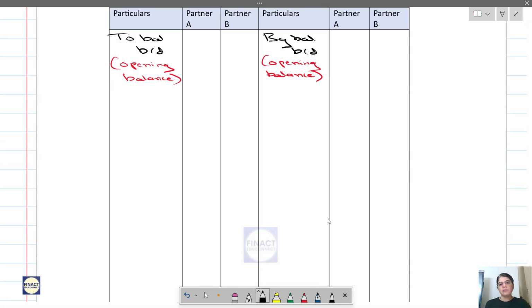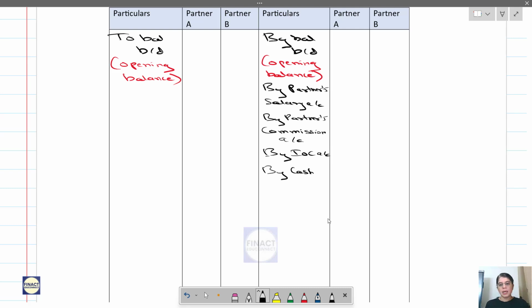Then you have by partner's salary, by partner's commission, then by interest on capital. Then if there is additional capital, cash and bank account debit to partner's capital, so by cash or bank account. This is for additional capital.